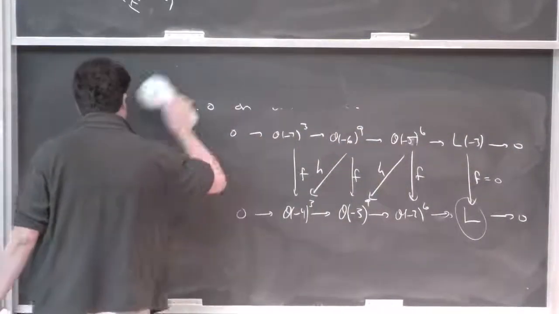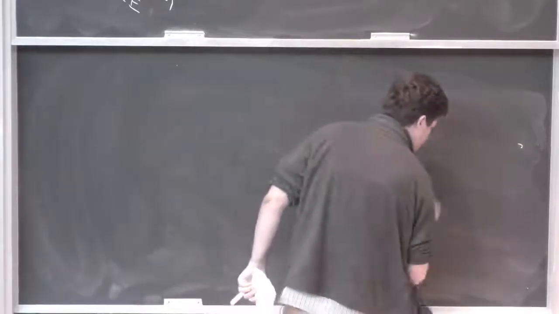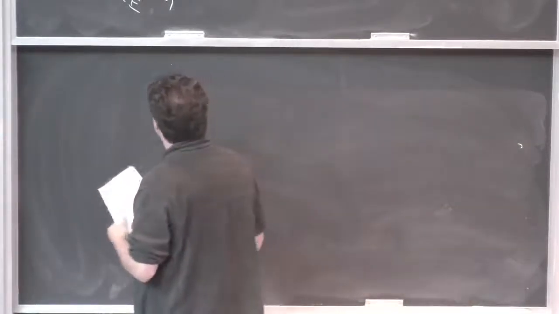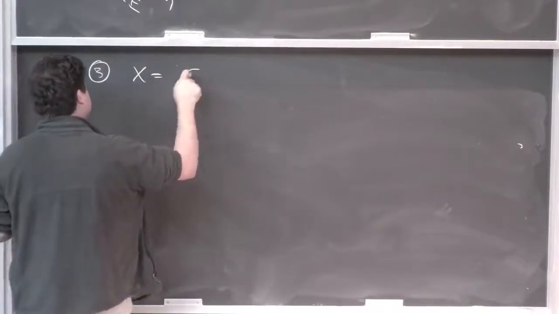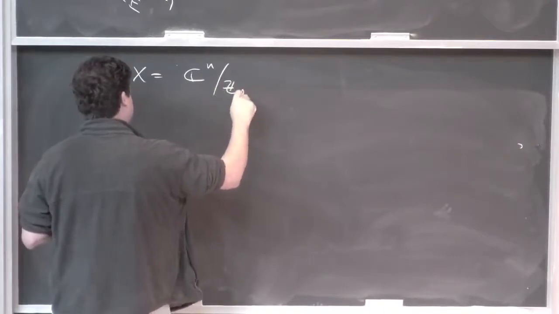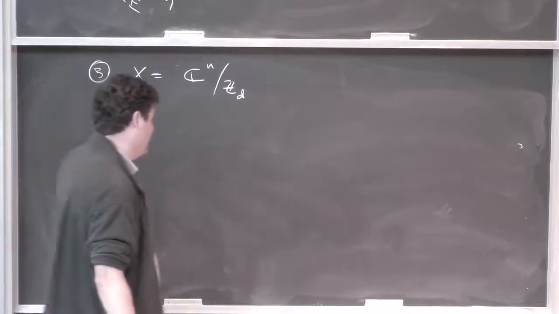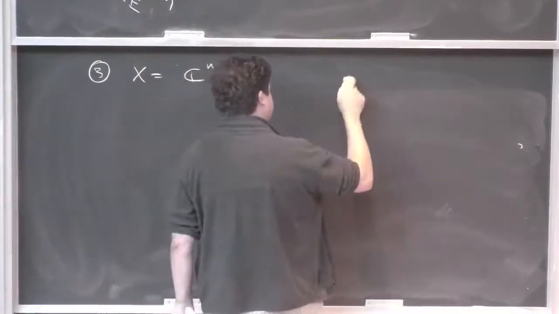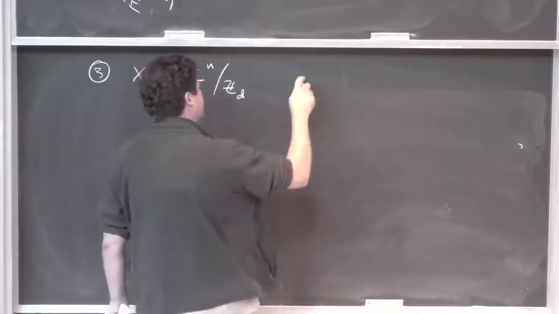And our third and for now final example is that X is going to be C^n mod the cyclic group Z_d, acting in the obvious way.